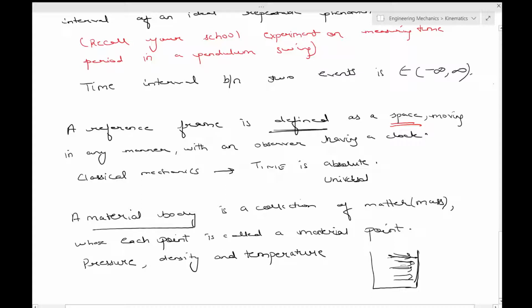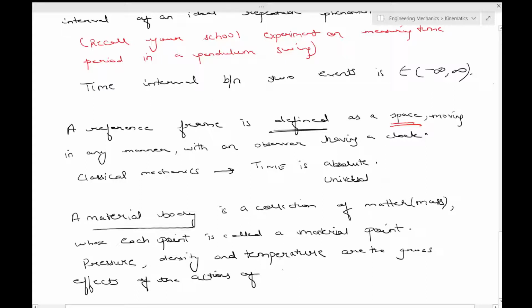If the temperature is high, they start moving at very high speeds, so there's a lot of kinetic energy of those atoms. So pressure, density, and temperature are the quantities which we are interested in, and they are the gross effects of the actions of many molecules or atoms.